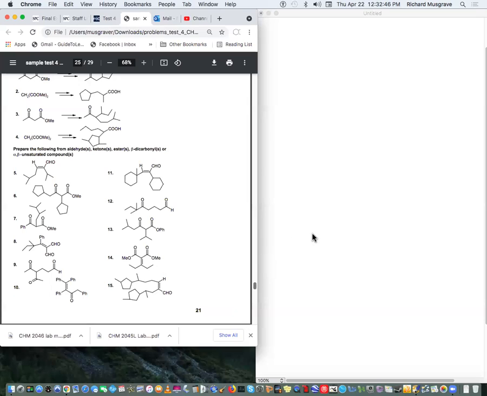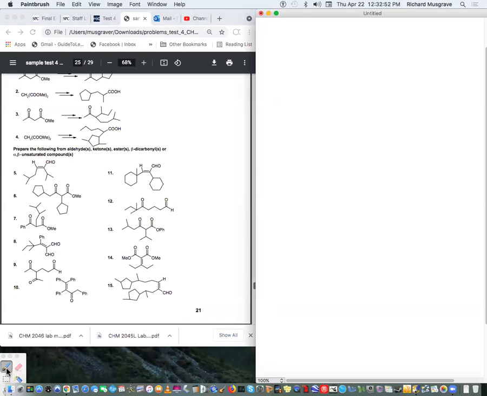Now, there's actually four reactions really going on here. I know this is a little bit more than what I went through in the class. But let's look at what the products are, and I'll show you what they correspond to reaction-wise, okay? So if the product is this kind of thing, then it's an aldol, or possibly a crossed aldol.